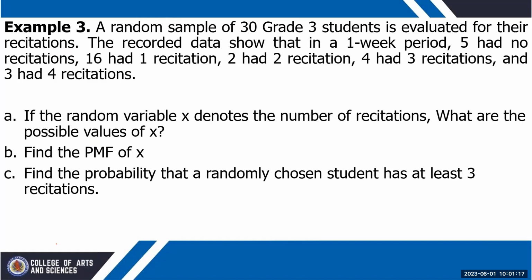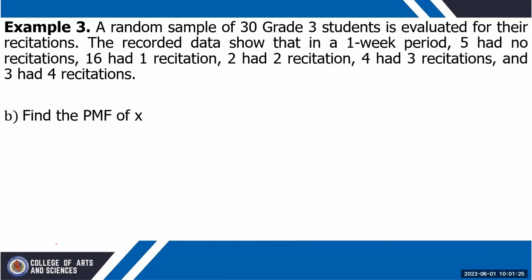Okay? Ngayon naman, yan yung ating values of x. Now, we're trying to find the PMF. Kunin natin yung probability mass function. So, una, ilan ba yung nakakuha ng 0 recitations? Kung titignan ninyo, meron tayong 5.